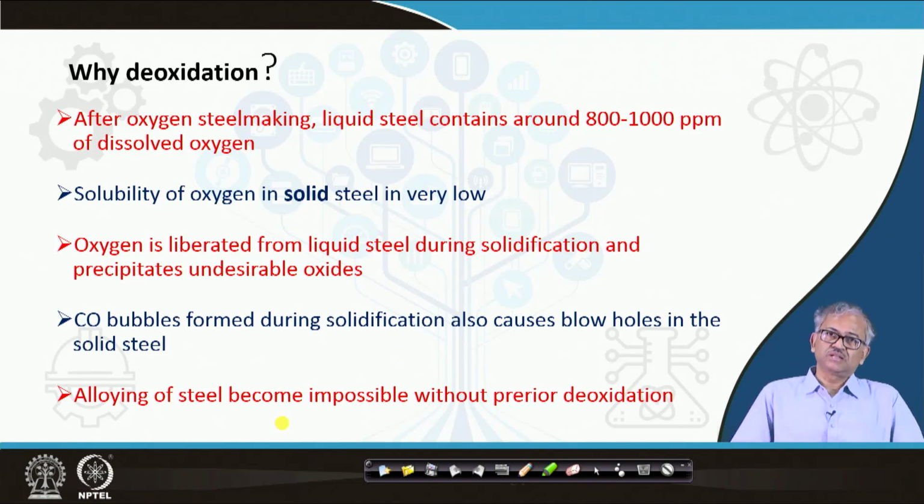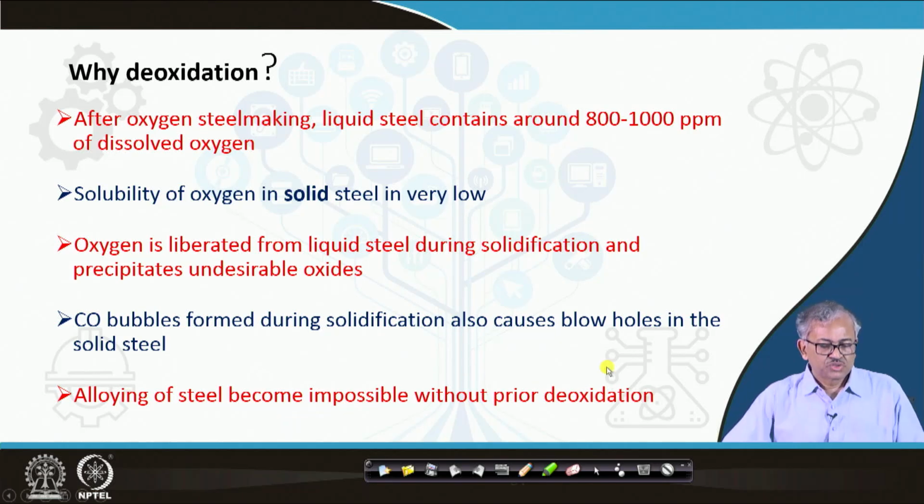So it is essential to deoxidize the bath, which is called killing of the bath, before you add any alloying element. So alloying of steel becomes impossible without prior deoxidation. You have to do deoxidation before, otherwise alloying is not possible. This is the reason why you should do deoxidation.